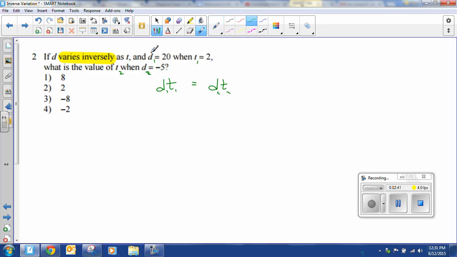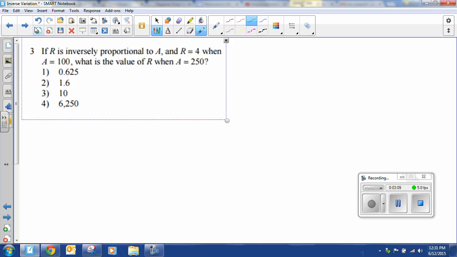And as you can see, we just have 20 times 2, which is 40, equals negative 5t. Divide both sides by negative 5, and t equals negative 8. Very simple.